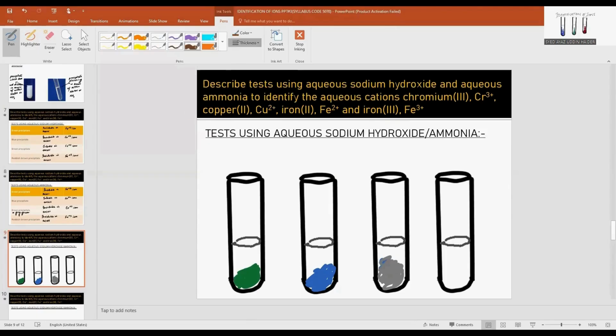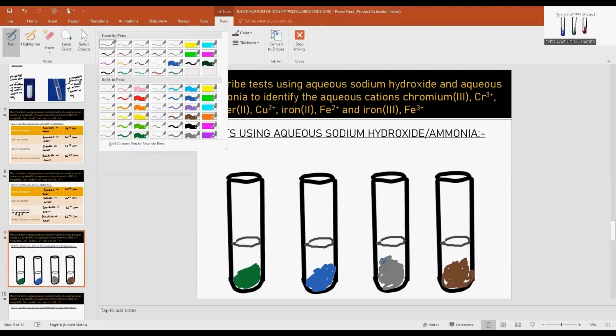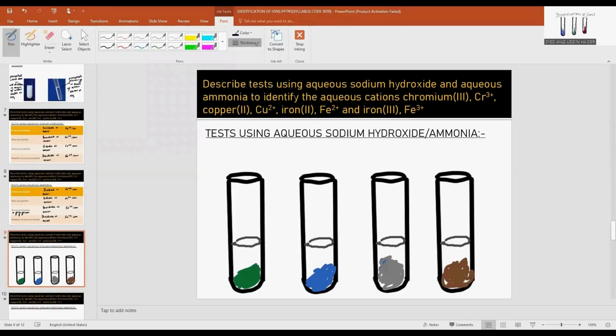For Fe3+, sorry, it will be like this. Here you are getting Fe2+. Here you are getting Cu2+. Here you are getting Cr3+. And the last one is Fe3+.